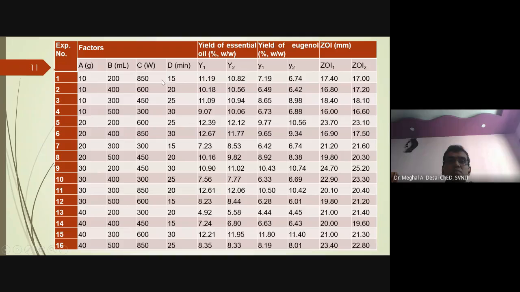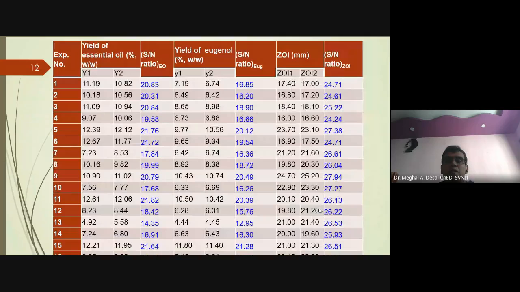10, 200, 850 watt and 15 minutes, I have reported the value. Similarly for other experiments also. And each experiment was performed twice. Now, in all the cases, whether it is essential oil or eugenol or zone of inhibition, it is desired that I have higher yield or maximum recovery of oil, maximum amount of eugenol, and higher zone of inhibition.